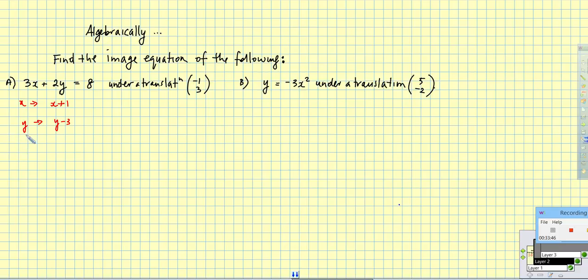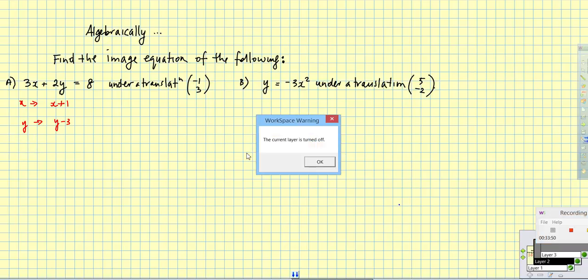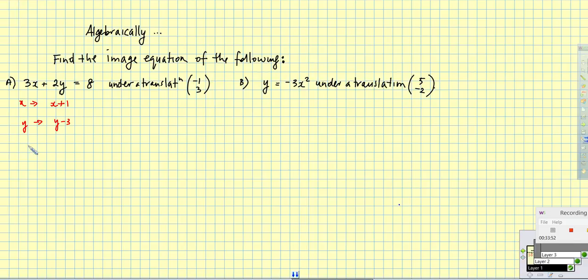So that I will have 3 times x plus 1, and then plus 2 times y minus 3 is equal to 8. So that I have 3x plus 3 plus 2y minus 6 is equal to 8.